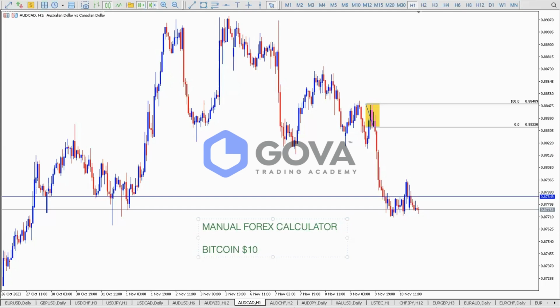After you enter the trade, if you hit stop loss, instead of losing $10, you might be losing $20 on the trade. That is because sometimes the free forex calculator is not accurate. That is why you need to pay for the forex calculator.